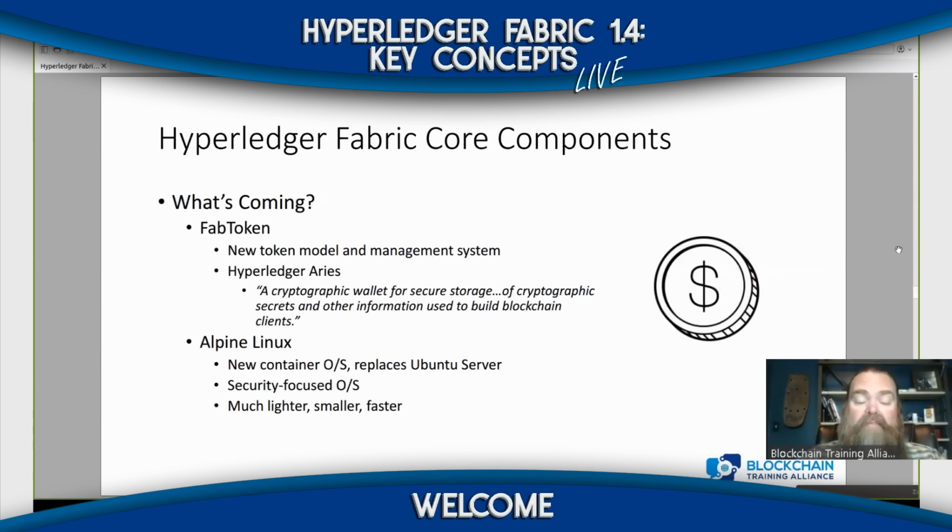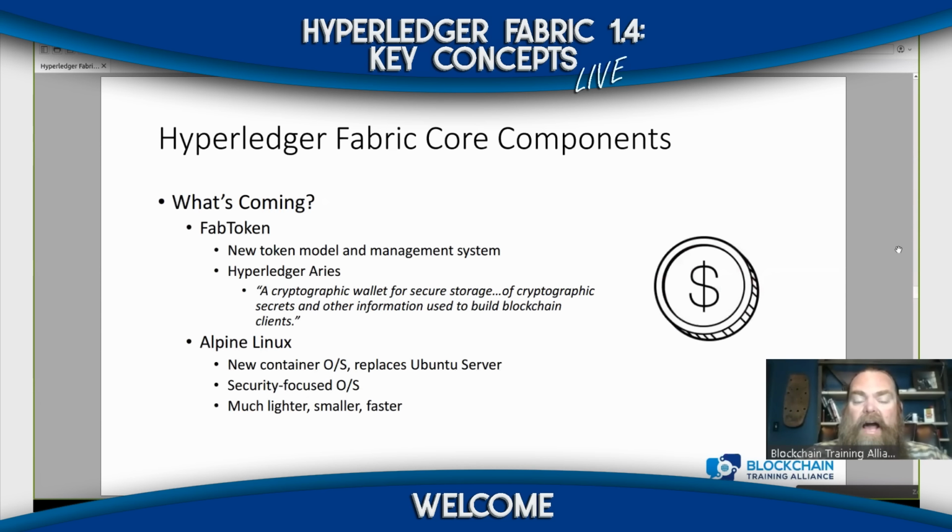Another big, probably I think the biggest piece of 2.0, or the piece that is at least going to get the most attention when it goes live, and that is FabToken. You'll sometimes hear this called FabCoin. And as I mentioned, up until now, Fabric has not had its own native coin or token model. And if you wanted to create your own coin or token in Fabric, you had to do that from scratch.